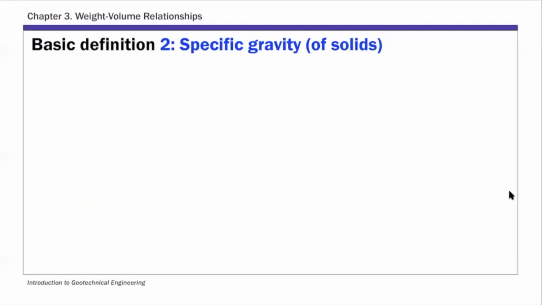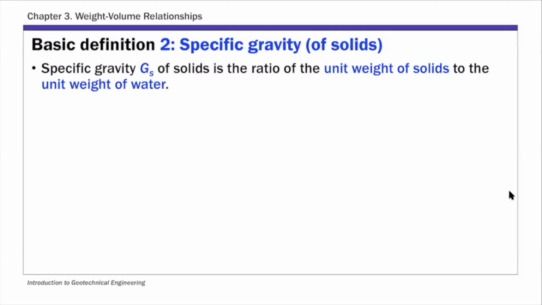So that's the first group of definitions, all unit weights. Remember, unit weights are weight over volume, just different weights over different volumes. And then the second one here is called specific gravity. Specific gravity, we use G sub S, is the ratio of the unit weight of solids over the unit weight of water. So GS quantifies how heavy the solids are compared to water.